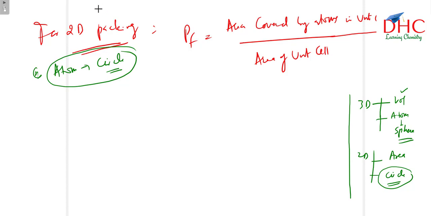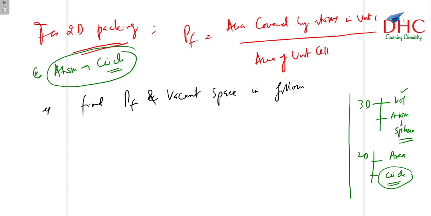Now once we go for the 2-dimensional packing, let's take an example. Question is, suppose you have this packing. Find PF or vacant space in the following 2-dimensional packing.